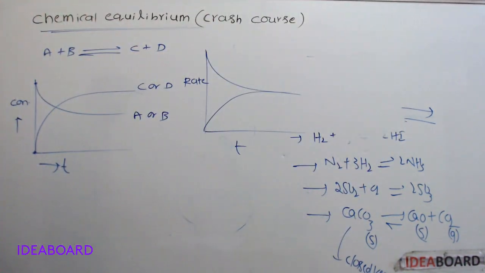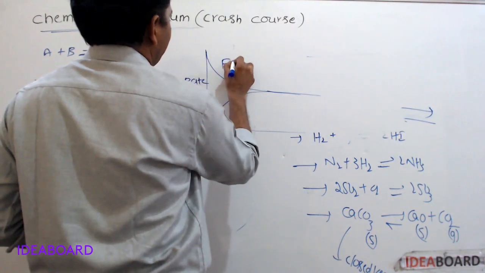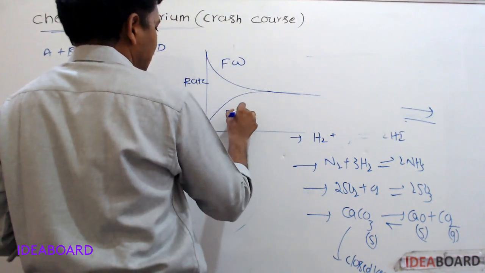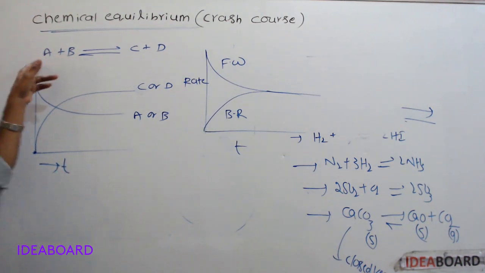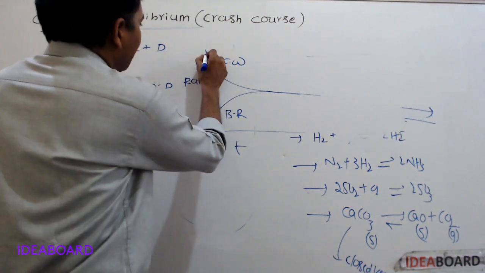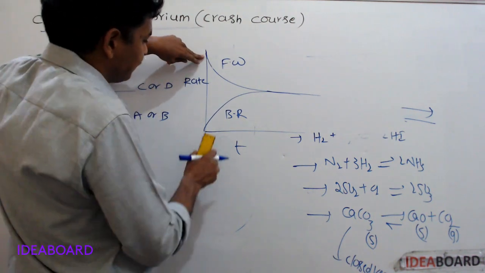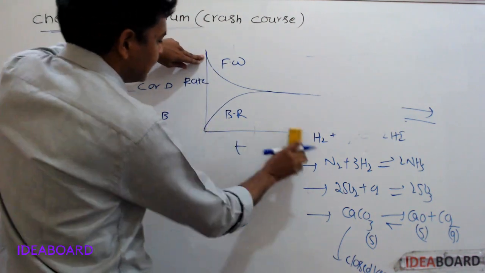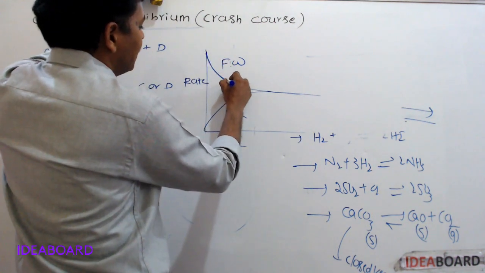When a graph is plotted between rate and time, this is the forward reaction and this is the backward reaction. Initially only reactant is present, so the rate of forward reaction is maximum. As time proceeds, the rate of forward reaction decreases till here.